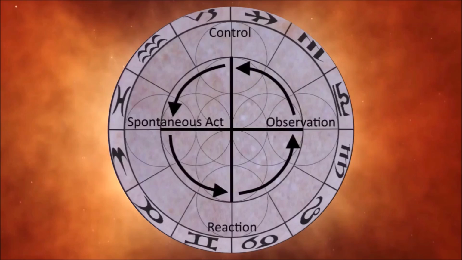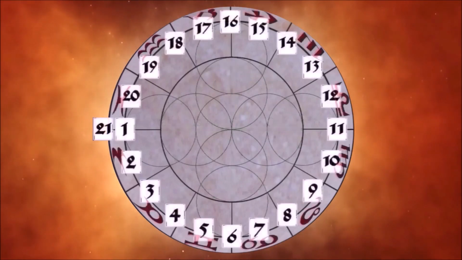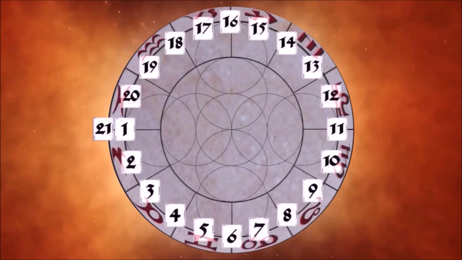So here I'm showing how the square configuration works with 21 major archetypal issues. With this square configuration, we could systematically understand how to move through the issue at hand and how to solve it.